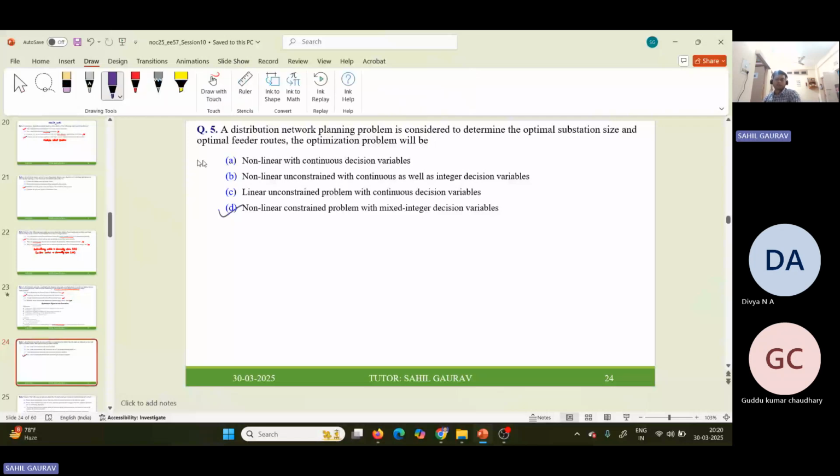Now let us come to the next problem. Which of the following is not true about the Pareto based optimization of distribution network?